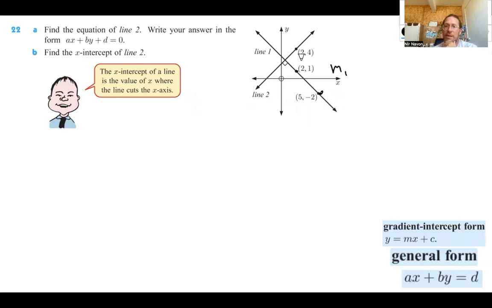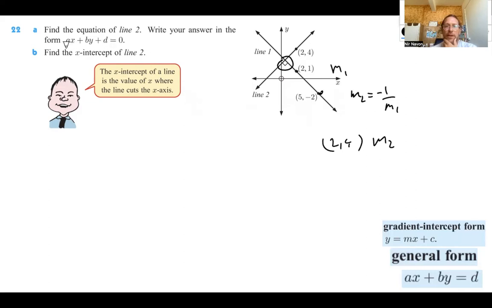Because they are perpendicular, I can also find the gradient of line 2, that is -1 over m1, or just the negative reciprocal. And now I have a point, (2, 4), and a gradient, and working with this formula here, we can find the equation of line 2.